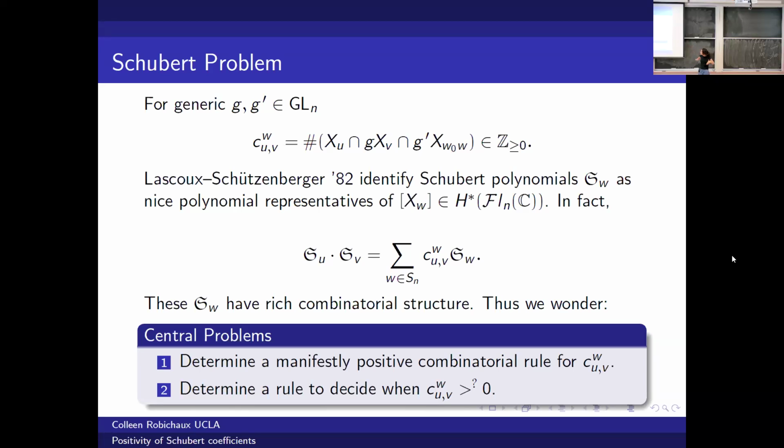So by this 100 years of work giving this formalization, we found that we can compute these intersection numbers of generic translates of Schubert varieties by just multiplying these Schubert polynomials and expanding back into the basis of Schubert polynomials. Restating, if we're interested in computing these intersection numbers, all I have to do is multiply these polynomials and expand into this polynomial basis. So it's very concrete to actually compute what these things are.